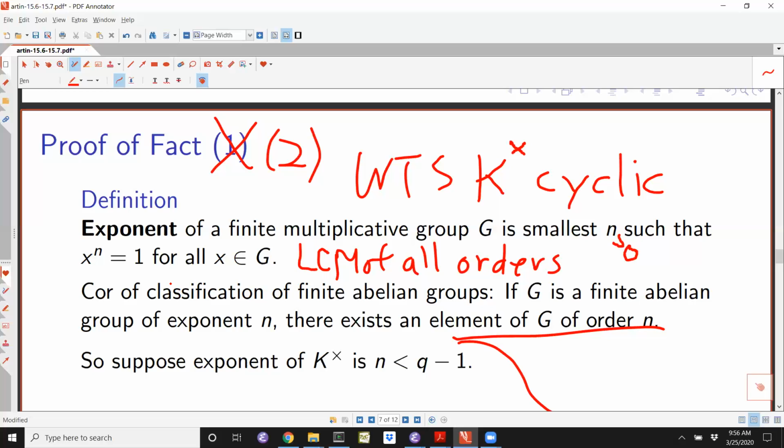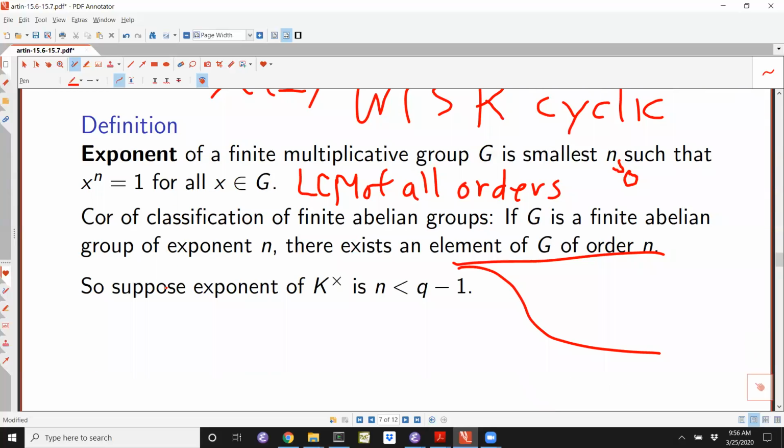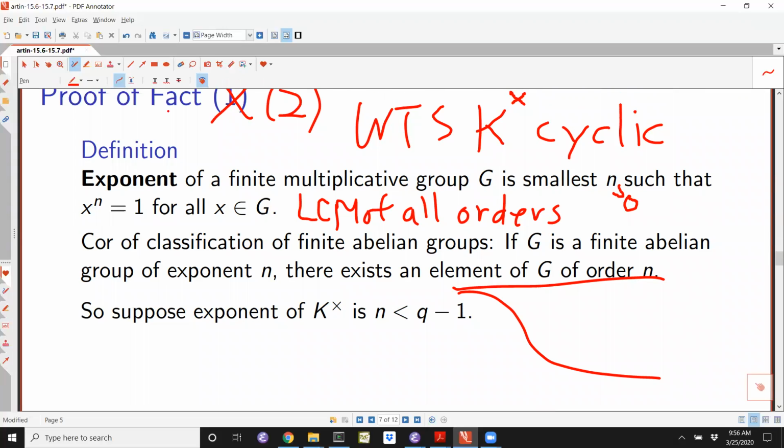But it follows from the classification of finite abelian groups, for example, that for a finite abelian group, like the multiplicative group of our field K, if you have a finite abelian group of exponent n, there exists an element of order n. You can prove it other ways, but the classification certainly does it.